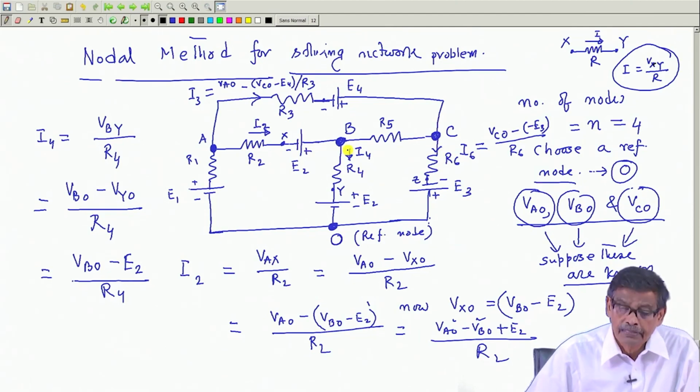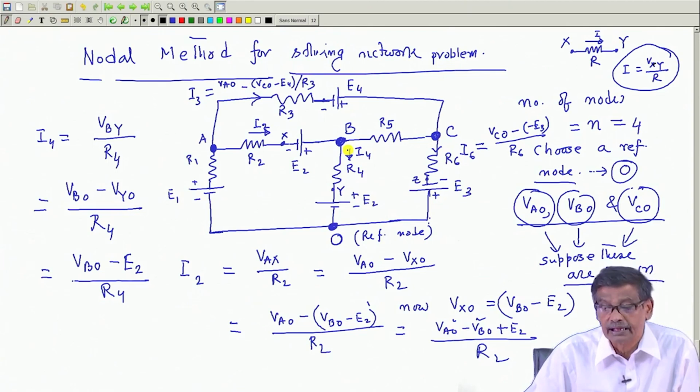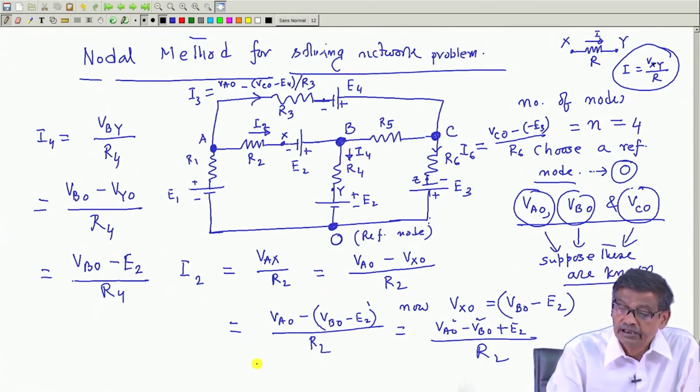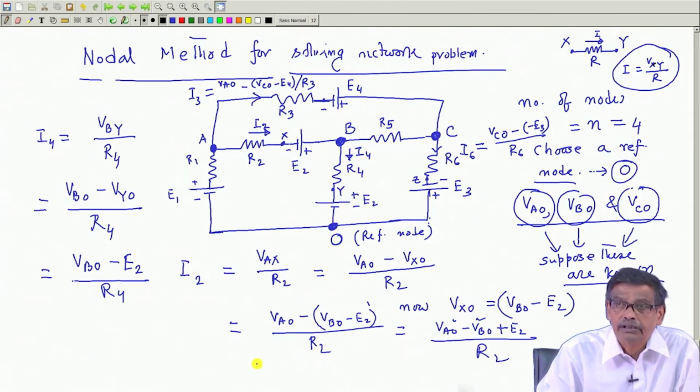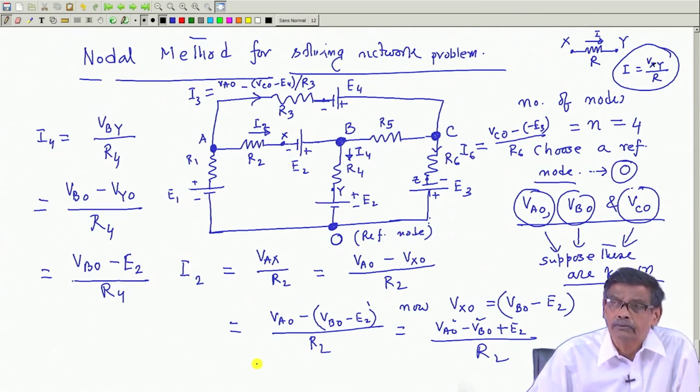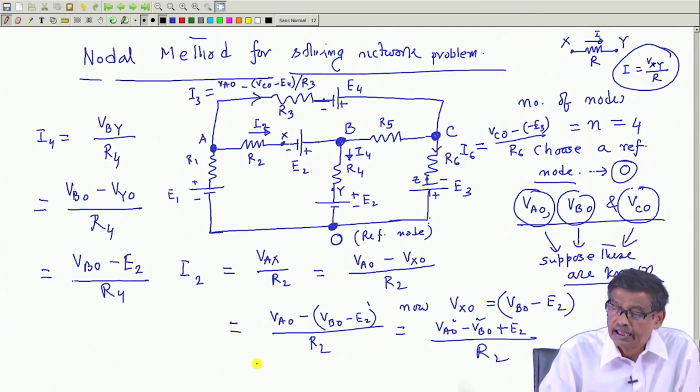The point I want to make is that if the potentials of these 3 nodes are known with respect to one node defined as the reference node, then you can find the currents in any of the branches. That is the essence of it.